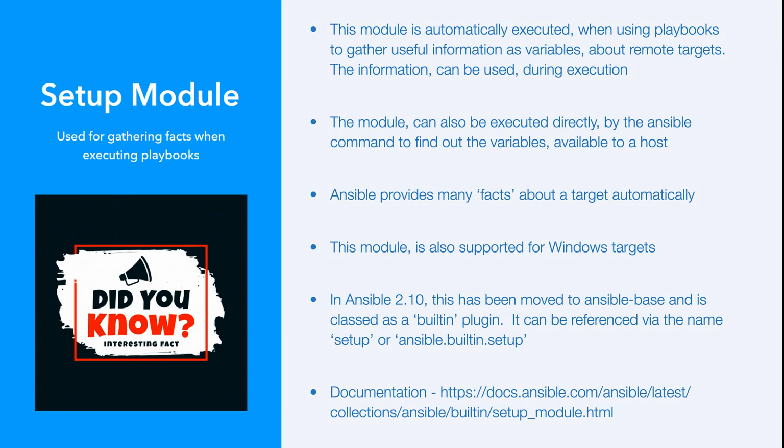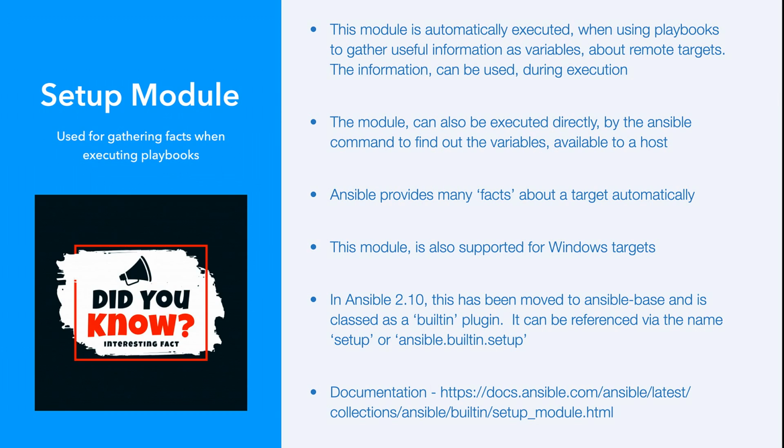it would also work. With Ansible 2.10, a significant change was introduced with Ansible collections. The aim of this is to move groups of modules into a collection that can be managed and maintained. The core modules for Ansible, such as setup, have been moved to the Ansible.builtin collection.